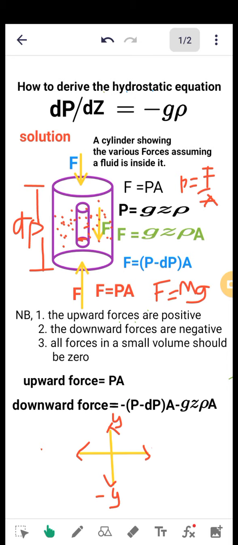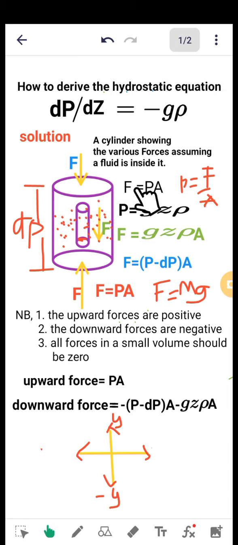So let's begin. Here the forces are acting. We have the one which is acting upward, the one which is acting downward, and these two downward. So we should ask ourselves, what's the relationship between force and pressure?